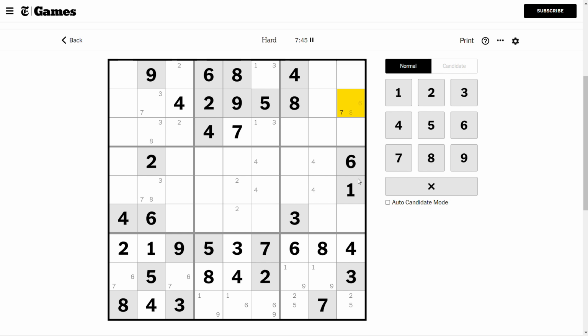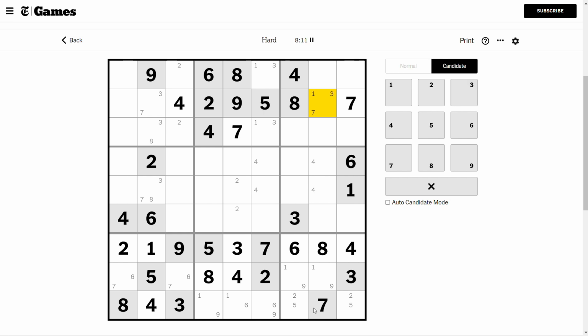So if this cell cannot contain 8 digits, it must be the last remaining one. So 7 must go into this cell because it's the only digit that can go in this cell. No other digits can go into the cell. So 7 must. Okay. That makes the other 3 open cells in this row containing 1, 3, and 7.